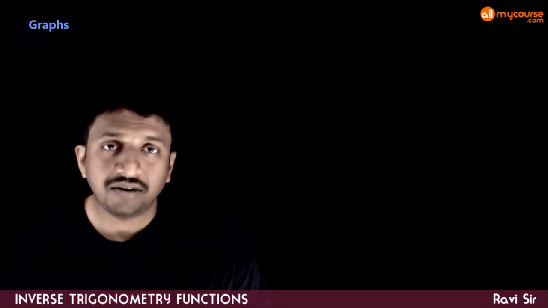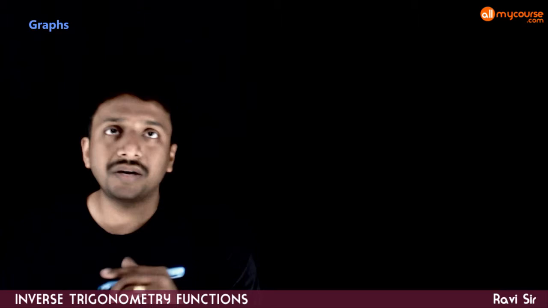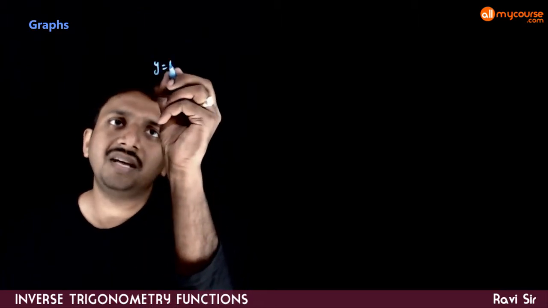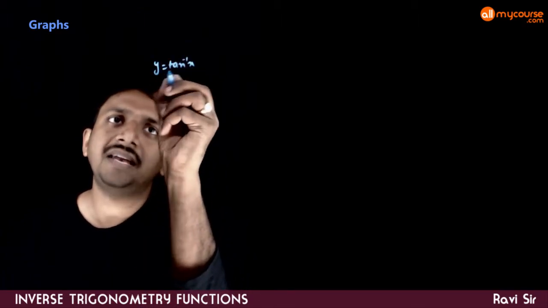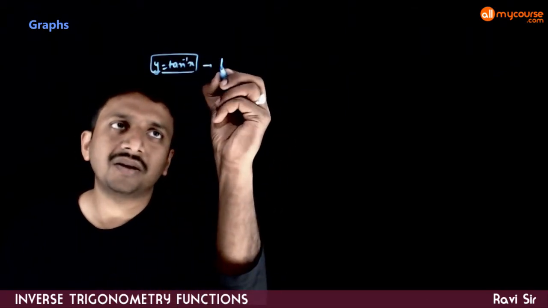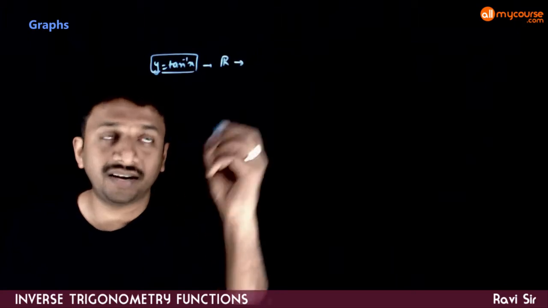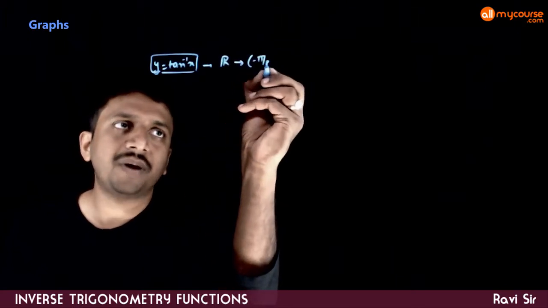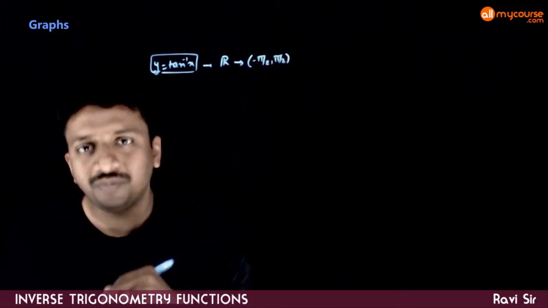Next, let us try to draw the graphs of tan inverse and cot inverse. Y is equal to tan inverse x. So the domain is all real numbers and the range is minus pi by 2 to pi by 2.